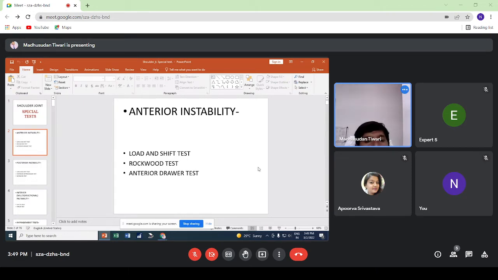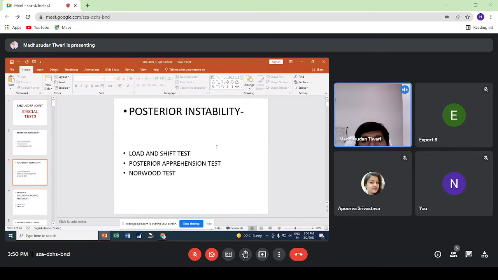Under these special tests, firstly we'll discuss the anterior instability of the shoulder joint. Under this problem, we'll discuss three tests: load and shift test, Rockwood test, anterior drawer test. The second condition will be posterior instability of the shoulder.